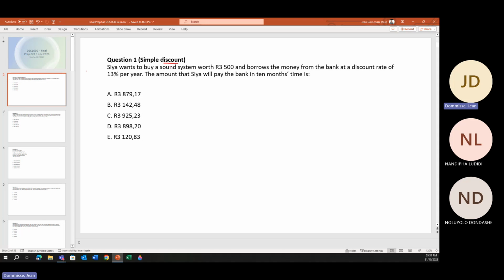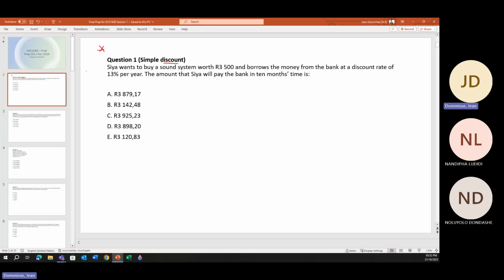They're not going to tell you that we're working with simple discount, but I tried to label as I went through the paper what it might be, so that you can also get a feeling of how it will be in the exam. Because there are nearly certain things that you will get. So as we go through the paper, I will also show those things that you will definitely get.